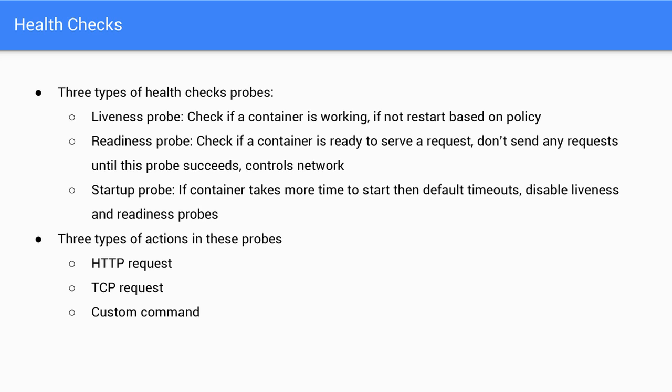Okay, so what can I really do in the probes? There are three types of actions Kubernetes allows you to specify in the probes. First is a very simple HTTP GET request. You can say that on this container, this is my HTTP GET request, and if that GET request goes through, that means the server is up and running.